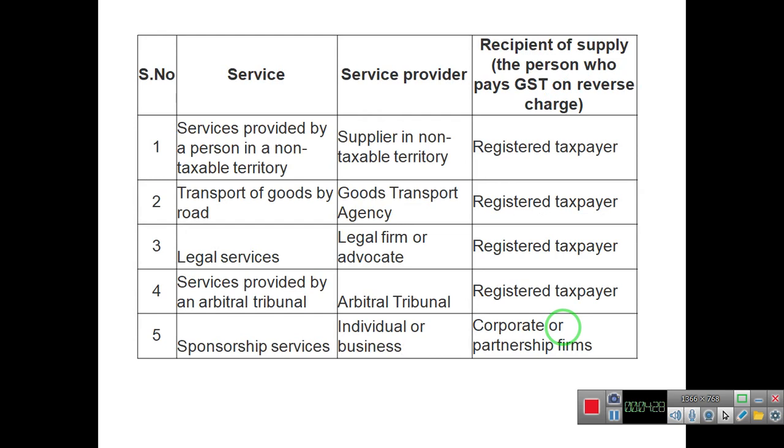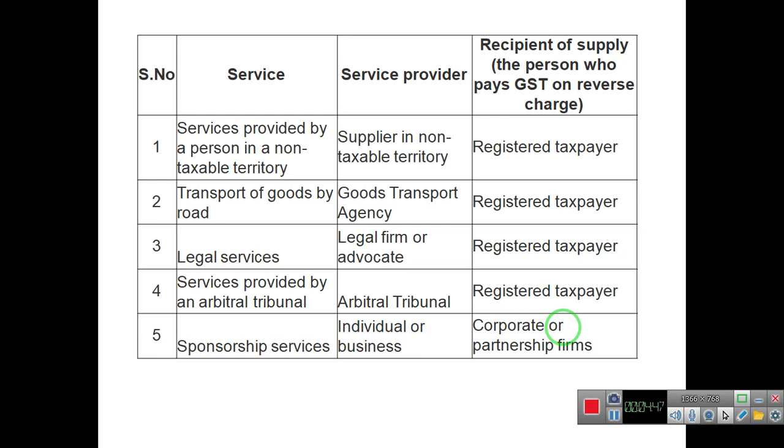Now, in case of services, there are some services where the reverse charge mechanism will be applicable and the service provider will not be liable to pay GST. The first is services provided by a person in a non-taxable territory.